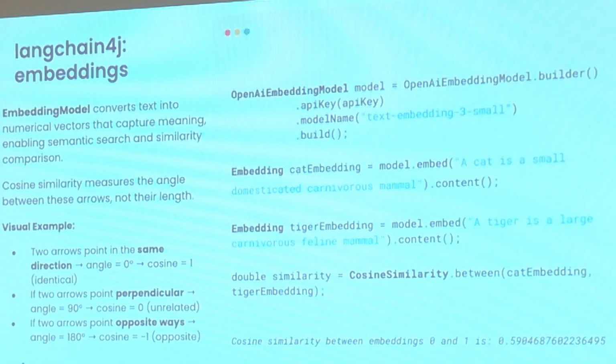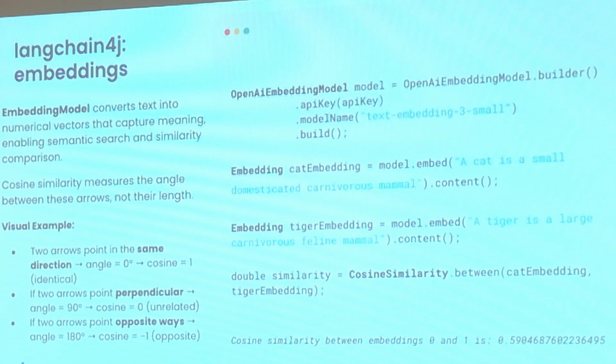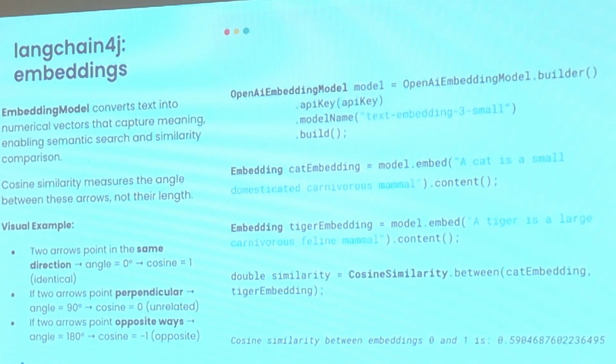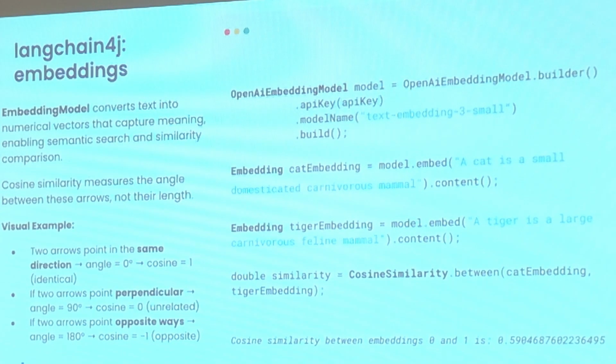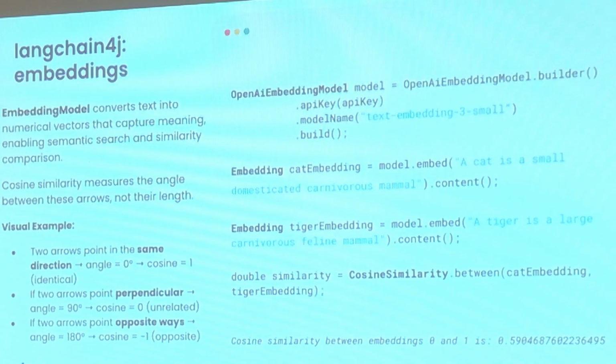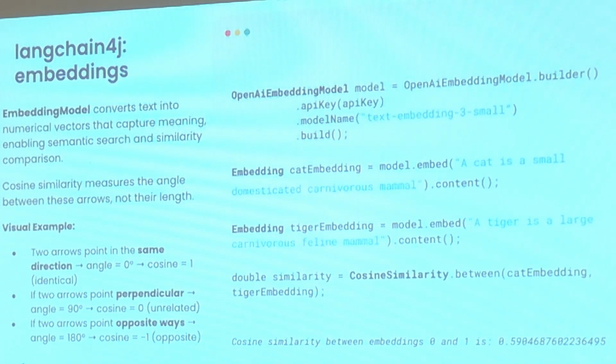Here I have this example about a cat and a tiger. To run the embedding and do the cosine similarity calculation, we need an embedding model that can translate text into vectors. Then we can embed these two sentences and calculate the cosine similarity between them, the semantic meaning of the sentences.